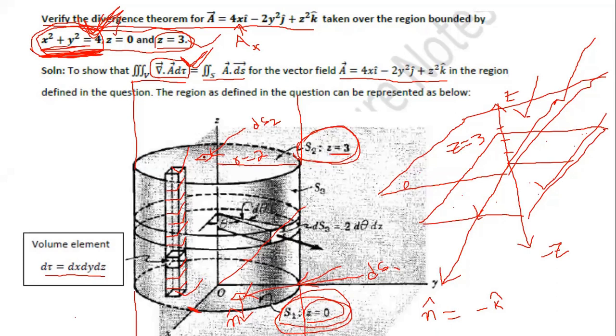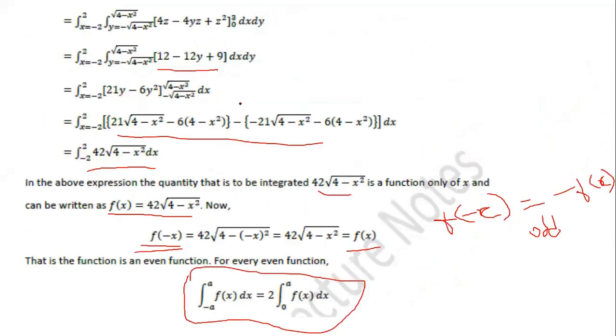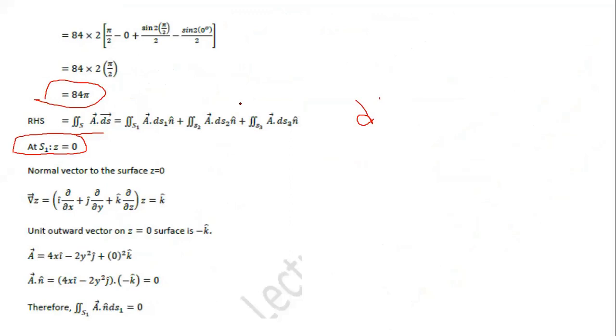The outward unit normal vector is a unit vector normal to the surface, pointing away from the surface, something like this. So your n cap here will be equal to k cap, because n cap here is pointing along the positive z-axis. Remembering that, you can continue the calculation here.